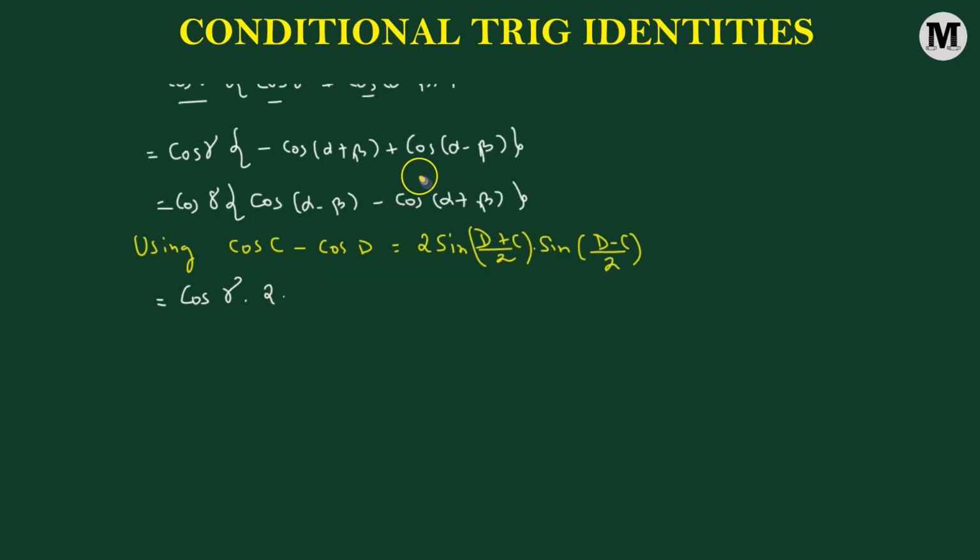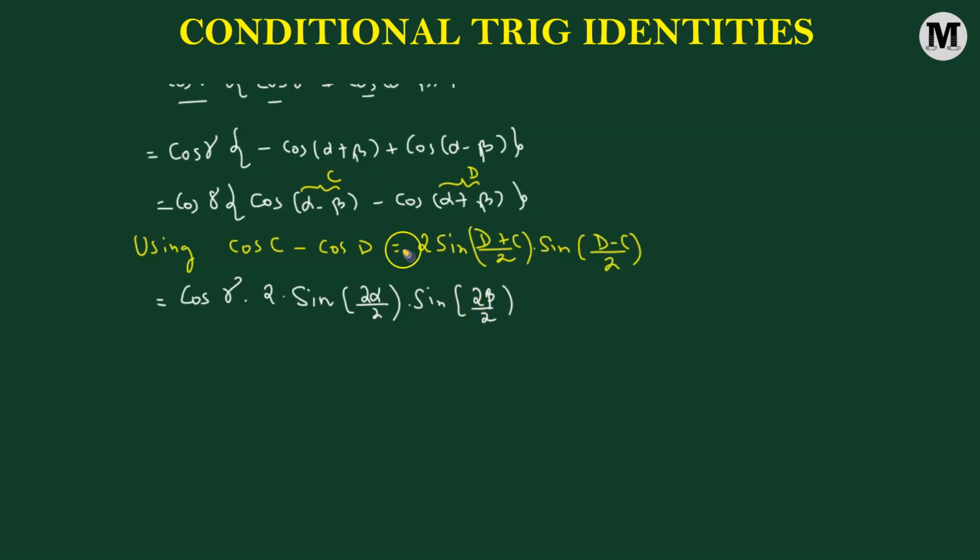We will suppose that alpha minus beta is equivalent to C, and alpha plus beta is equivalent to D. So we have sine of the angle D added to C. D added to C gives us 2 alpha divided by 2, multiplied to sine of D minus C, which gives us 2 beta over 2.